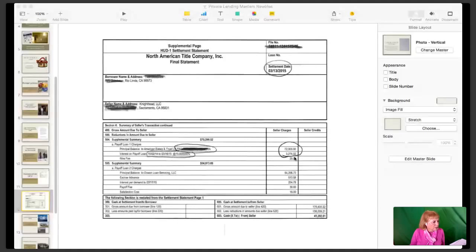So the reason this one is interesting, and I wanted to share it with you, is in this case, we bought this house subject to the existing loan because the owner had passed away and the heirs just wanted us to fix it and then sell it. Since there was no one left whose credit would be hurt or damaged, the previous owner had passed away, and in their credit, they had a loan for $54,206.